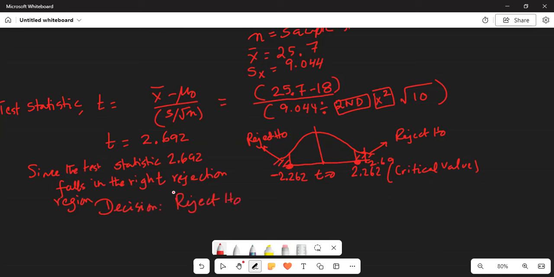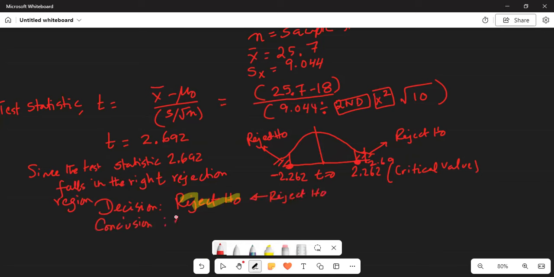Okay, that's my decision. I will highlight that a little bit: reject H0. And what is my conclusion? Again, I write this clearly: reject H0 is my decision.